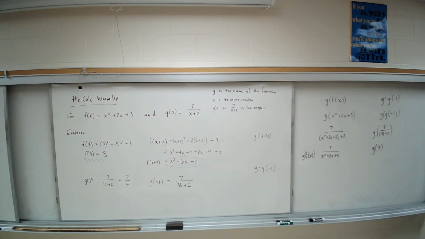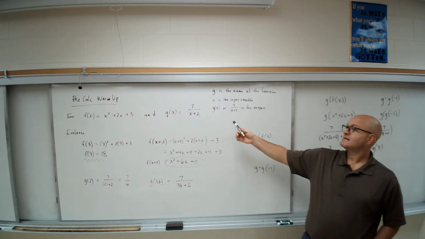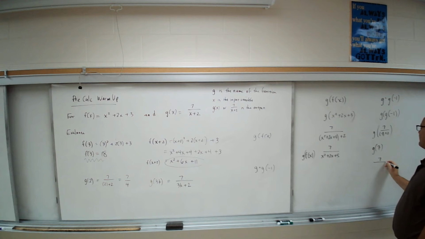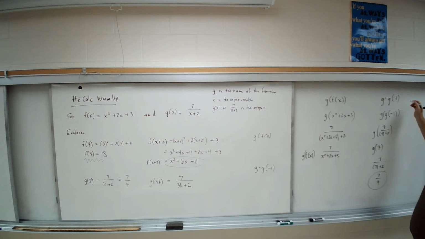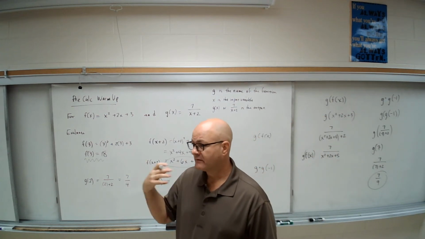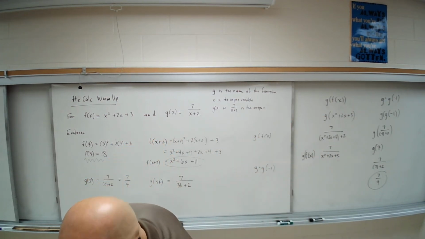Then we're going to plug 7 back into g again, where the rule for g, remember, was 7 divided by the input plus 2. So we'll get 7 divided by 7 plus 2, and that'll give us 7/9. So that's a composition: you take one function, you plug it into the other, you do all that stuff.